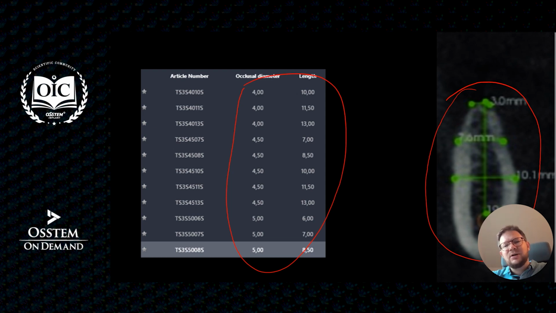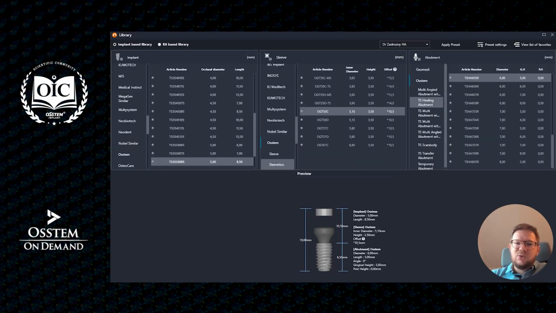Now we are doing that completely different. We take the implant, of course we are watching the dimensions, but then we have the virtual object which we can take from the library and put it to the specific site.